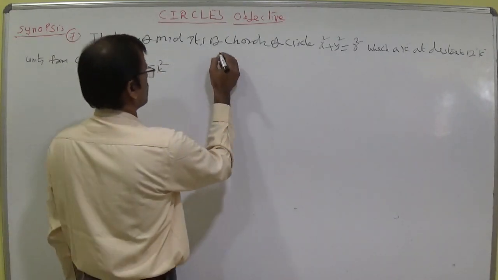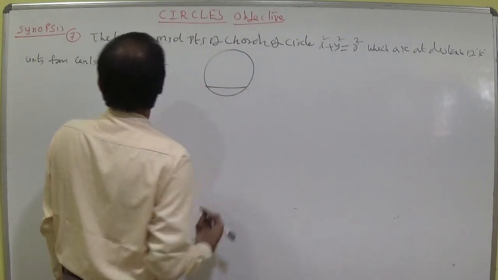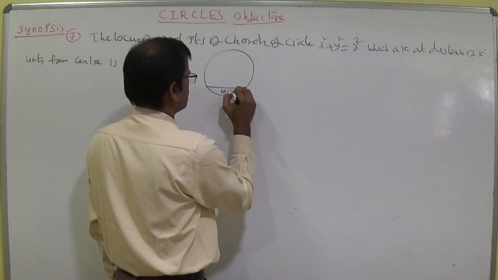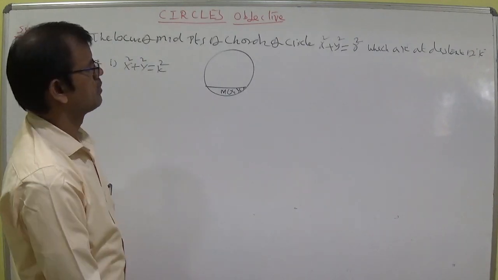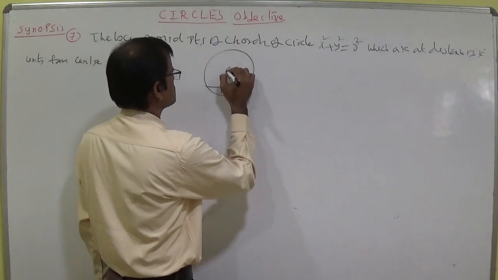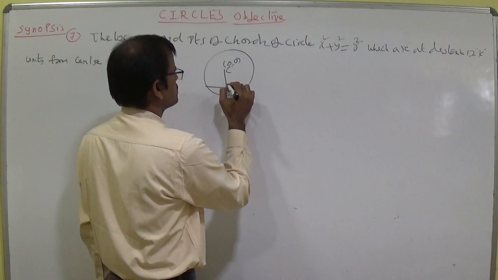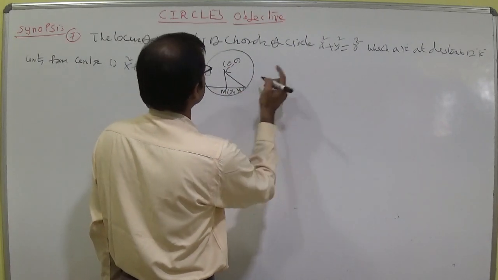Now let us discuss the synopsis as a sum. The locus of midpoints of chords of a circle. This is M. The midpoint M is taken as x1, y1, which is at a distance of k units from the center. This is the center. The circle center is simply 0, 0. So this is k units distance.